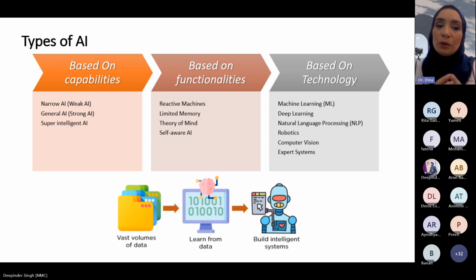Looking at deep learning. Deep learning is somehow the next generation of machine learning. It goes very deep into the layers of information, the neuron layers. So this is how we build the technology. It's very, very complicated.